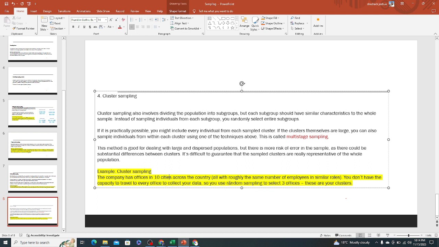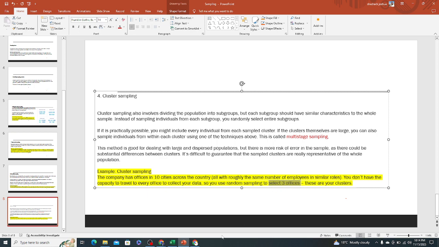So you may use random sampling to select 3 offices out of the 10 offices. Then these will be your clusters. So you will only collect your data from these 3 offices, but be representative of the whole population.